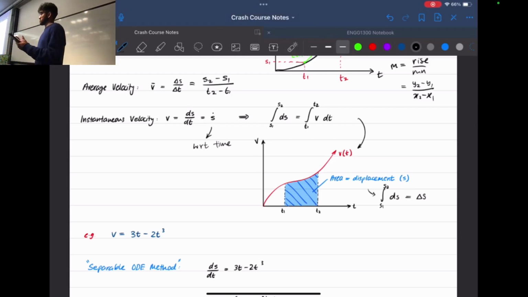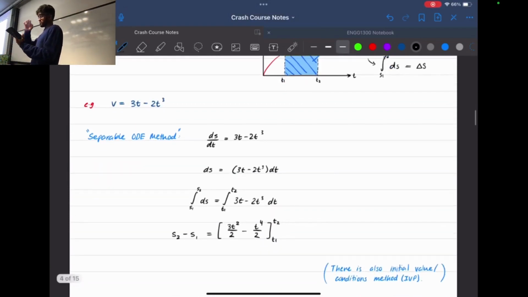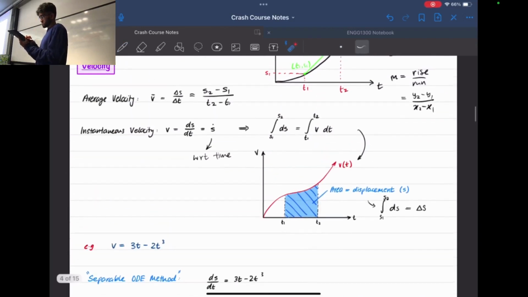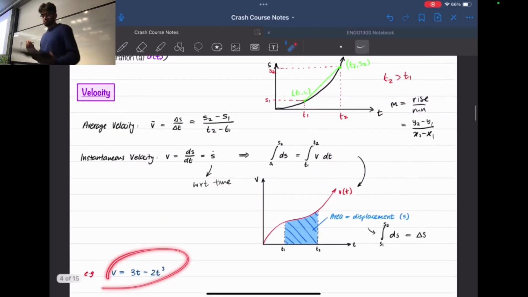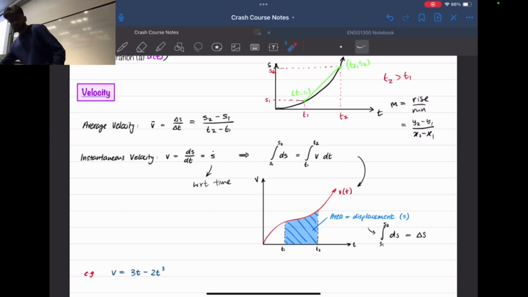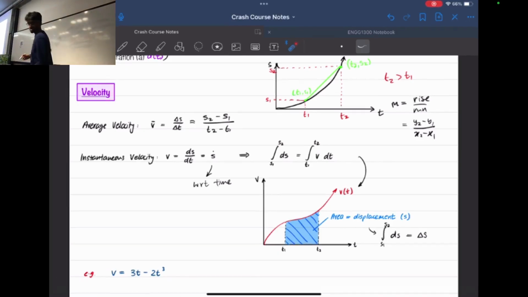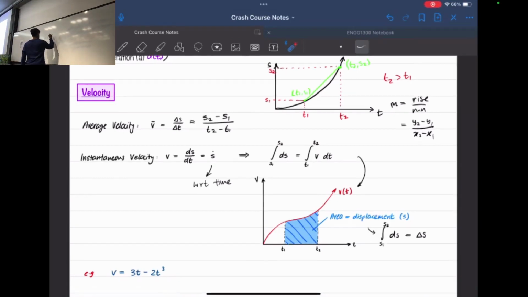All good? Okay. What I'll do, I'll go through a quick example using the separable ordinary differential equations method. So we have velocity equal to 3t minus 2t cubed. Actually, I'll go through this on the board. So I've already shown you guys the answer, but does anyone know how we can break up that v into some sort of differential?